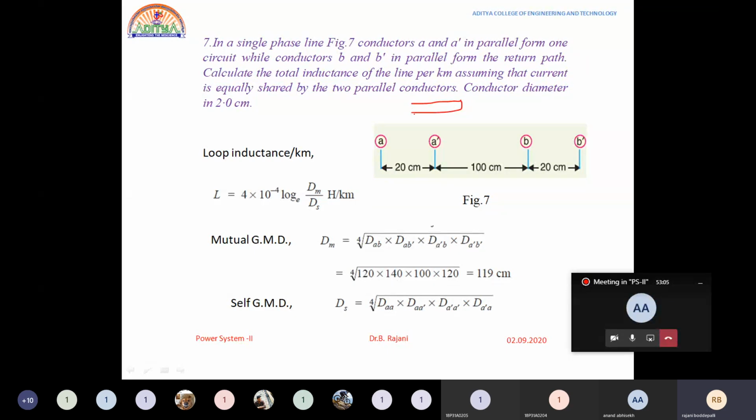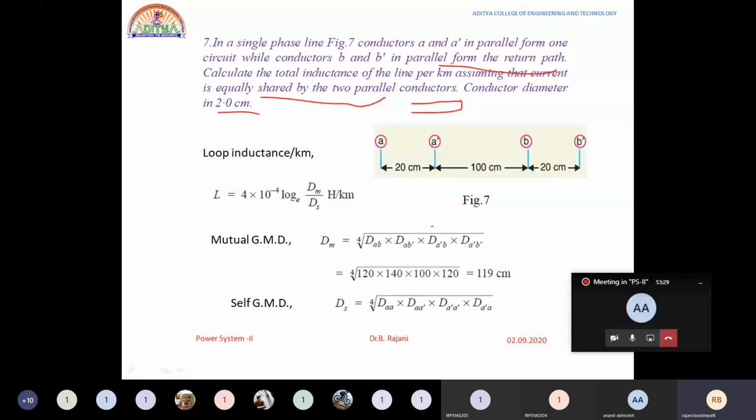For any conductor, in order for current to flow it requires a closed path, so it acts as the return path. Calculate the total inductance of the line per kilometer, assuming that current is equally shared by the two parallel conductors. Conductor diameter is 2.0 centimeters he had given you.